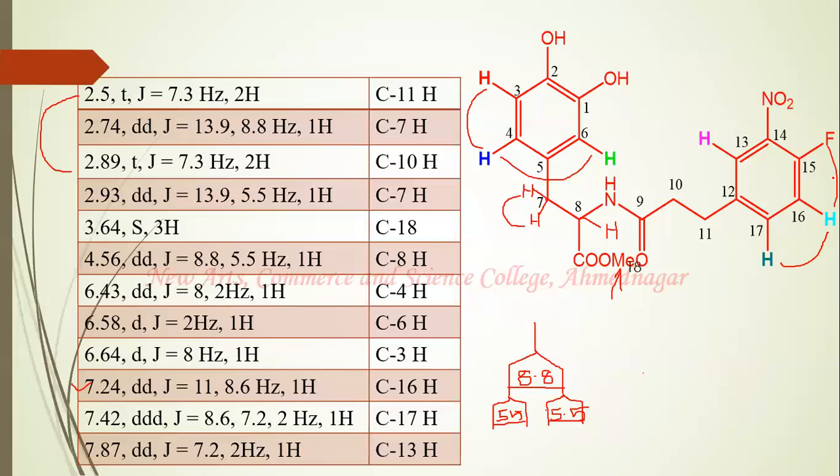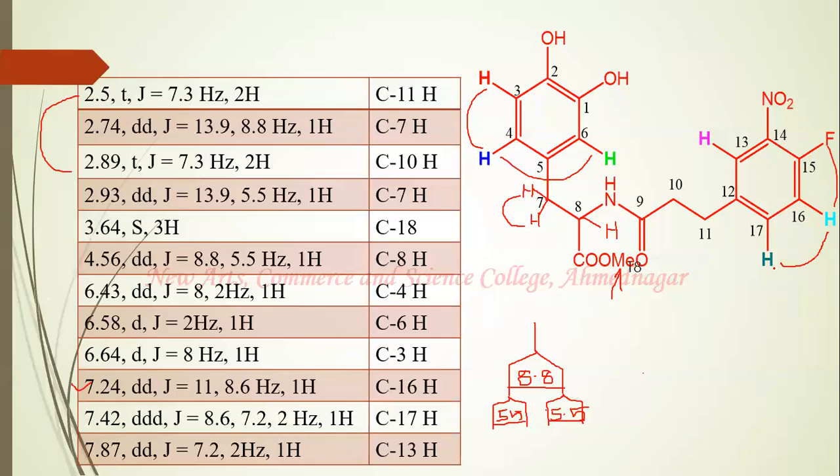Therefore, the C16 proton will couple with C17 proton, as well as it will couple with the fluorine, and usually proton fluorine coupling constant values are comparatively larger than proton proton coupling constant values.